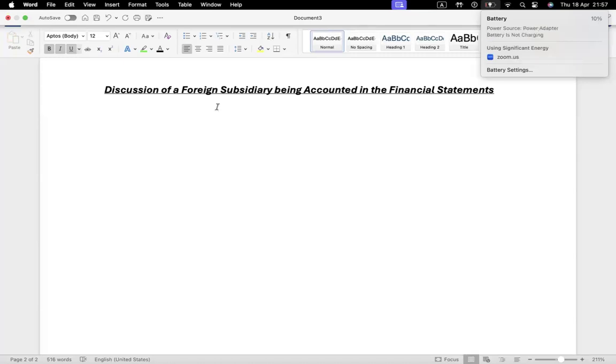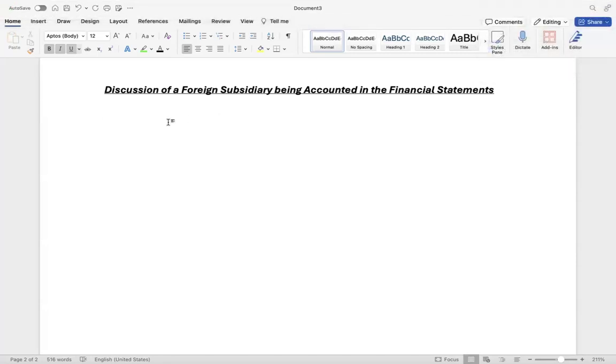The discussion of a foreign subsidiary being accounted in the financial statement. So shall we work on this? Yes. The foreign subsidiary may have foreign currency.